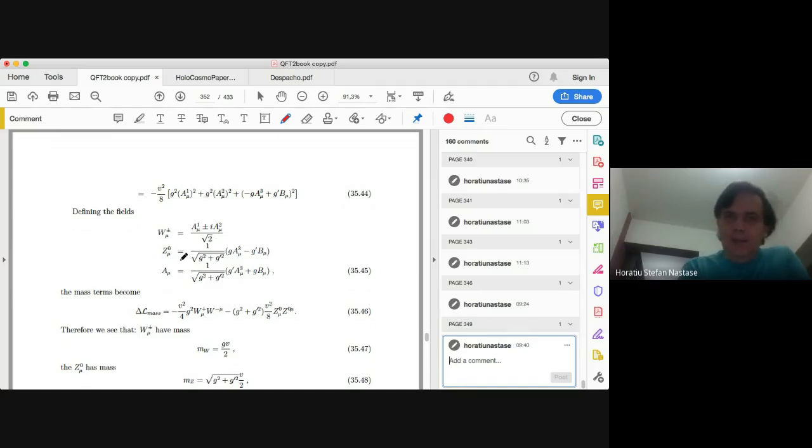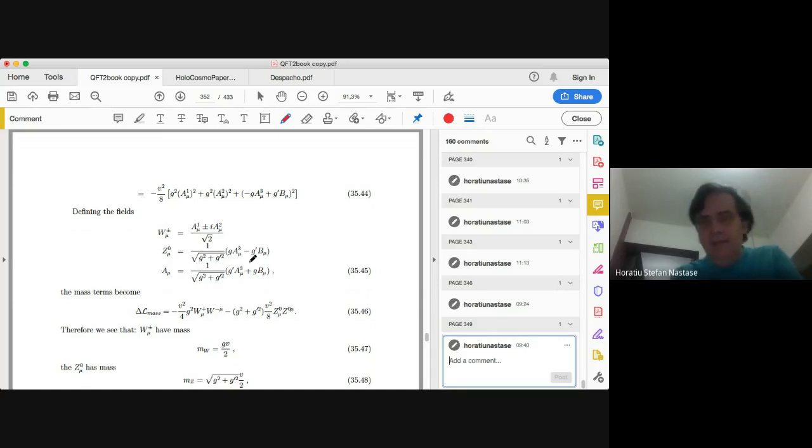And then the other combination that appears in here that has a mass term, I'll call Z. That's the particle Z0. So Z0 mu is this combination, g A mu 3 minus g prime B mu, but normalized with 1 over square root of g squared plus g prime squared.